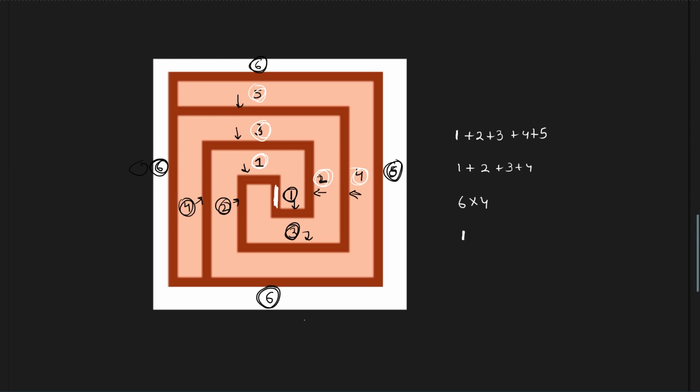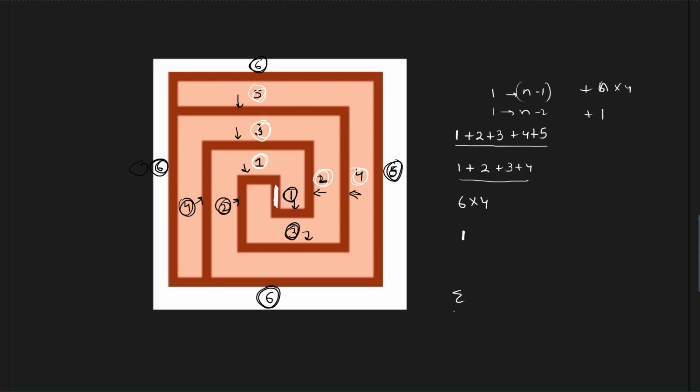So you see, we have formed a pattern in this case. We have taken the sum of integers from 1 to n minus 1. Then we have taken the sum of integers from 1 to n minus 2. Then we have added 6 into 4, and then we have added 1. So this would be the final formula that we are going to use, right?